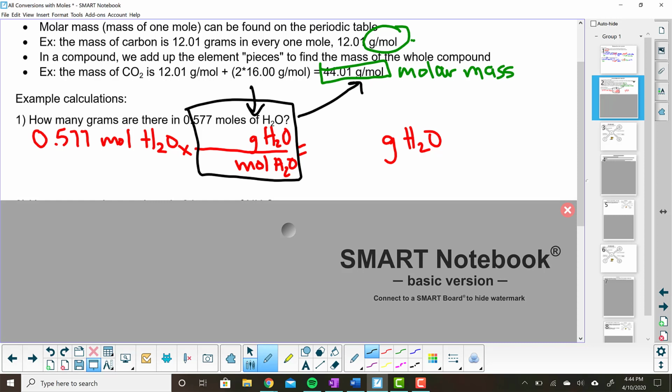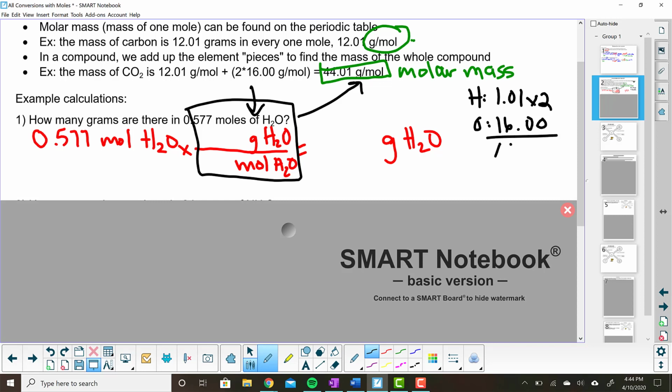So molar mass has that grams and moles together. So I need to add up these component pieces of water, so 2 hydrogens and 1 oxygen. I need to add those up and figure out what my overall molar mass is. The molar mass of 1 hydrogen is 1.01, but I have 2 of them. And then the molar mass of oxygen is 16, and I just have 1 of them.